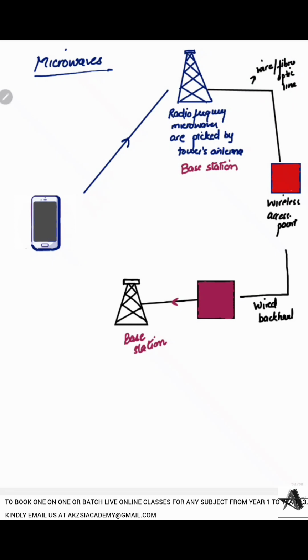Then these wireless access points send the signal to the wired backhaul, which then gives it to the nearest base station of the receiver phone, and ultimately the waves are sent to the receiver phone, and this is how the whole thing gets completed. This is the working of the microwaves.